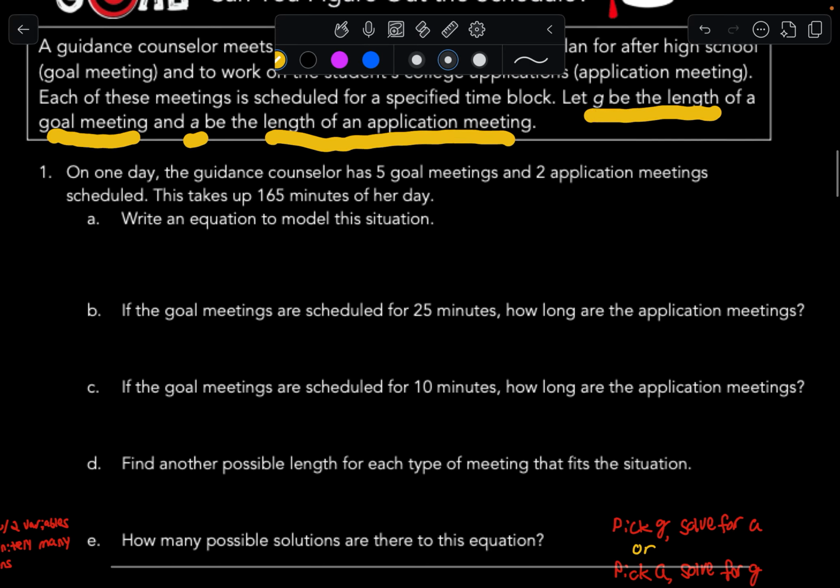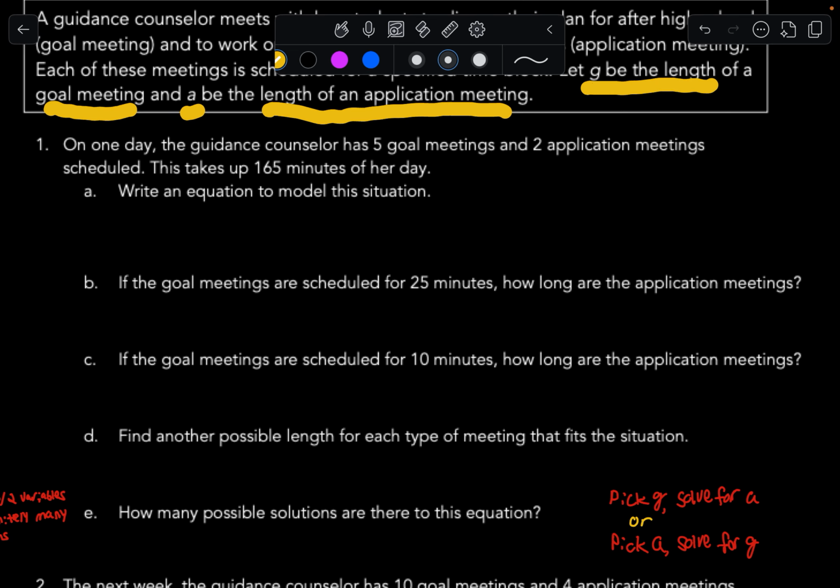All right. On one day, the guidance counselor has 5 goal meetings, so that would be 5G, and 2 application meetings, 2A. This takes up 165 minutes. There you go, there's an equation. If the goal meetings are scheduled for 25 minutes, how long are the application meetings?